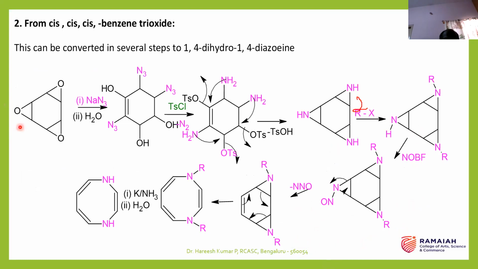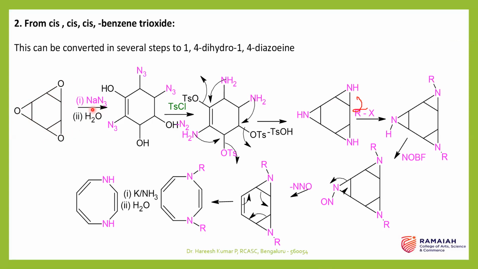So next slide, the reactant we are taking is cis benzene trioxide.